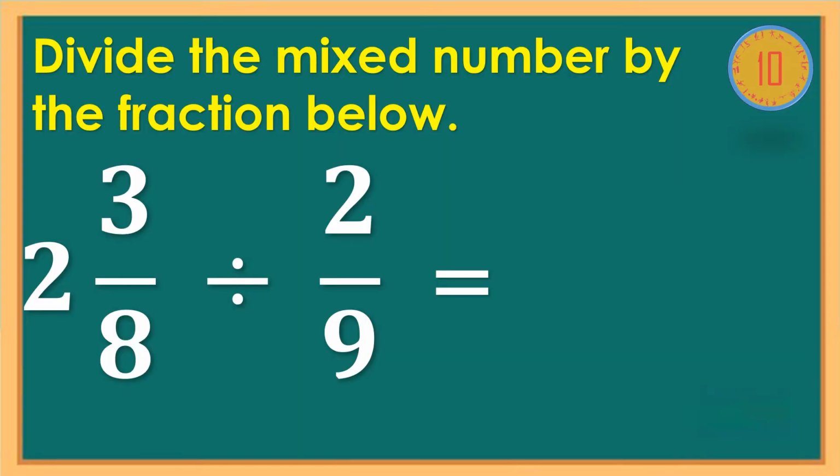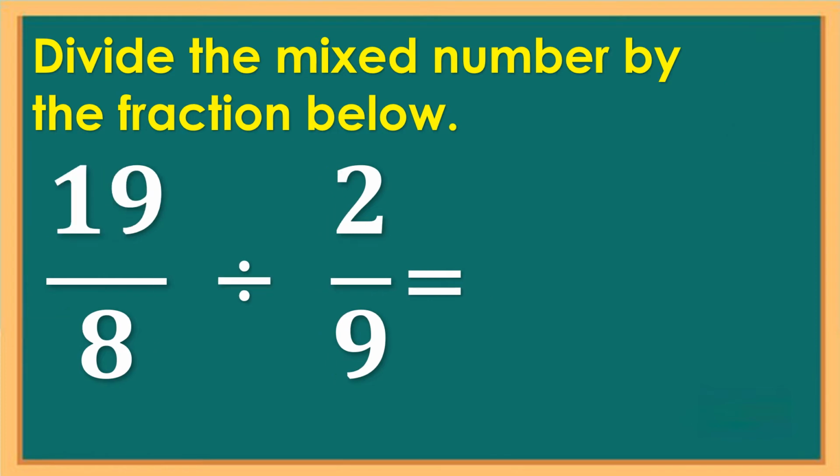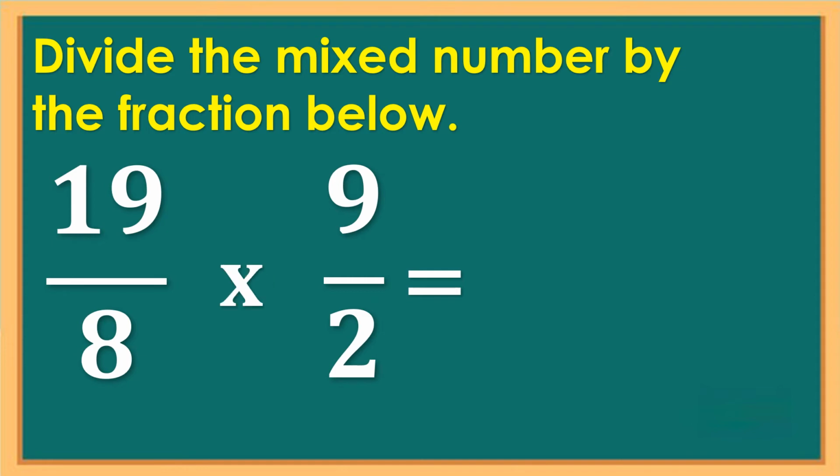Divide the mixed number by the fraction below. 2 and 3/8 divided by 2/9. 2 and 3/8 becomes 19/8 divided by 9/2. 2/9 becomes 9/2 and the division sign becomes multiplication sign.